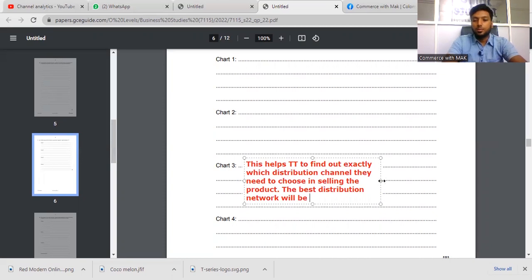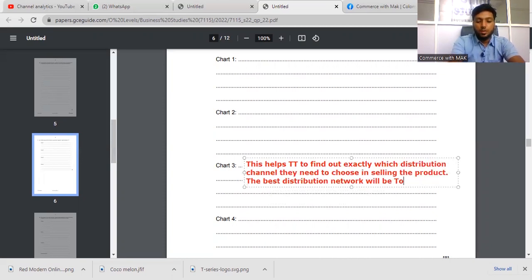The toy store. Toy store, as it delivers 70% of the distribution network. The best distribution network will be toy store as it delivers 70% of the distribution.